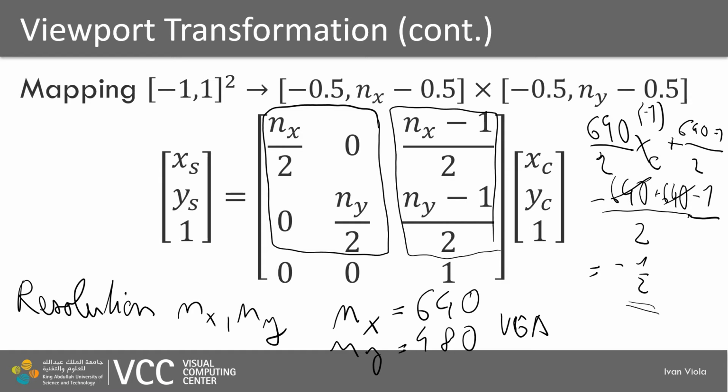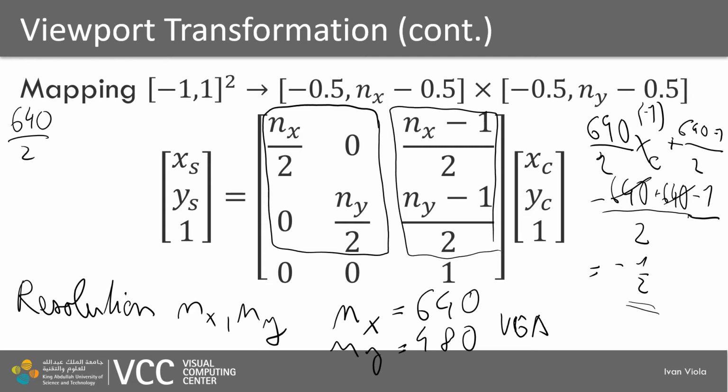So we have managed, with this viewport transformation matrix, a two-dimensional plus homogeneous coordinate transformation matrix, to map -1 to -0.5. Now, should we try for the upper end? Maybe we can try that too.